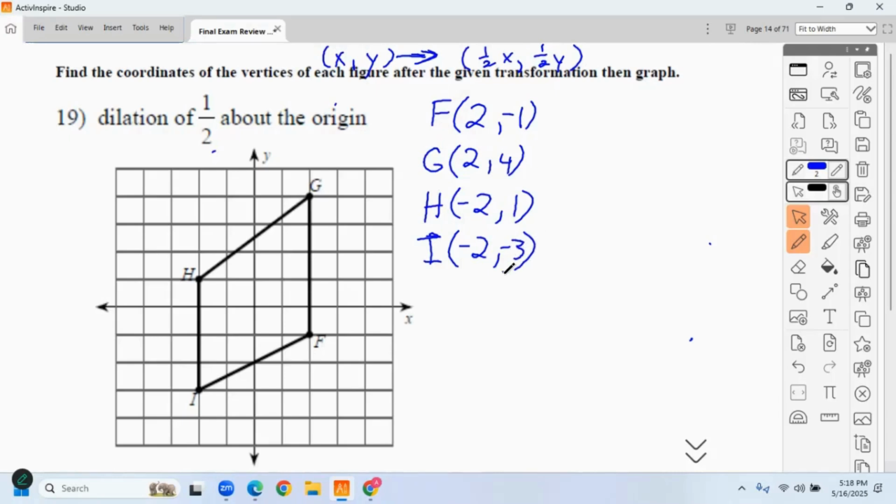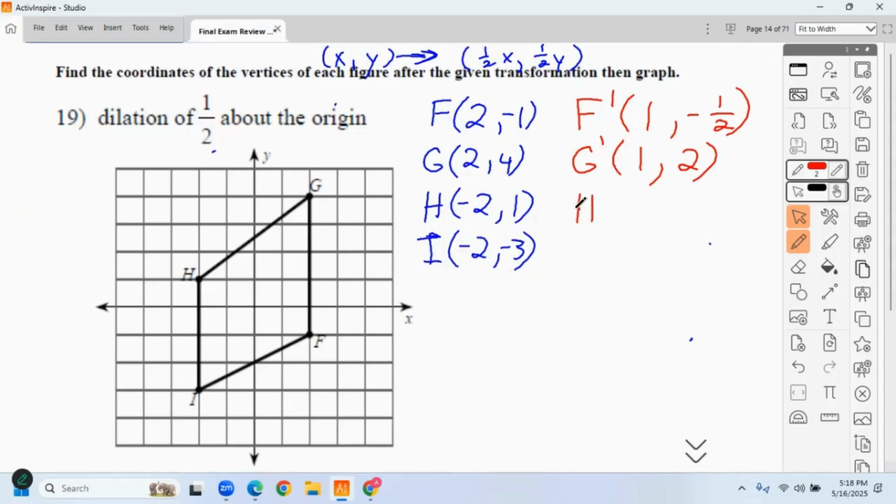Nice. So let's get this out the way. F prime. Remember, everything's going to basically be half of what it was. So we got 1 here, and we have -1/2. G prime, we're going to have 1 here, and then we're going to have a 2.